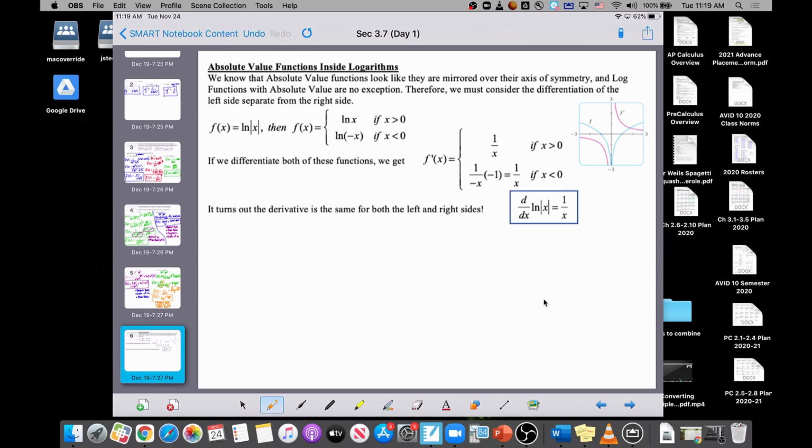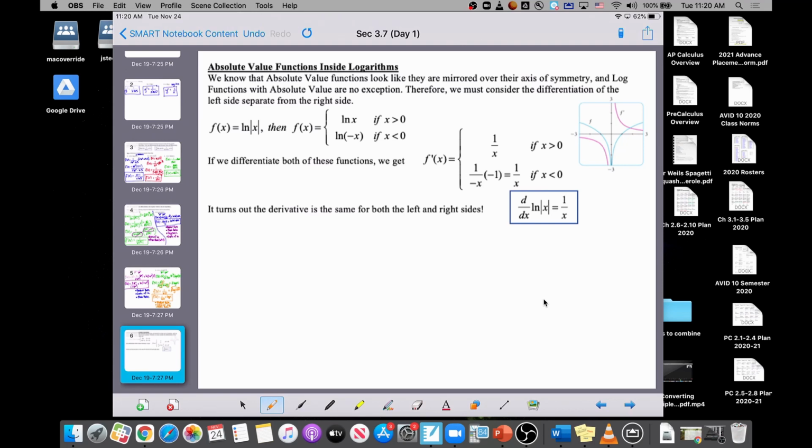But if we differentiate both of these functions, on the right-hand side, the derivative of ln of x is 1 over x, right? And on the left-hand side, the derivative of ln of negative x is 1 over negative x times the derivative of negative x, which is negative 1. That requires chain rule.